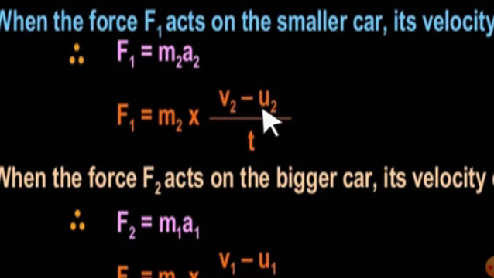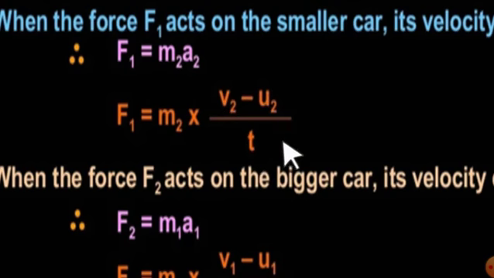Final velocity minus initial velocity. Final velocity of the light car is v2. Its initial velocity is u2. So v2 minus u2, final velocity minus initial velocity of that light car, divided by the time of collision, you will get as acceleration.